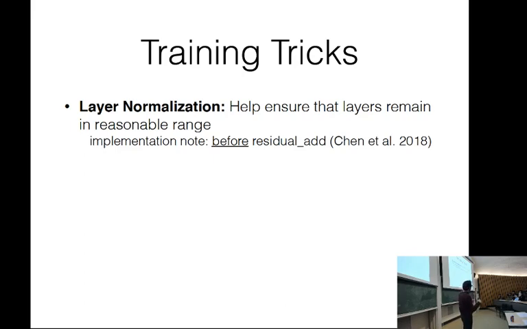What they originally had in the attention paper is to do the residual add and then the layer normalization, which basically breaks the residual path across layers.